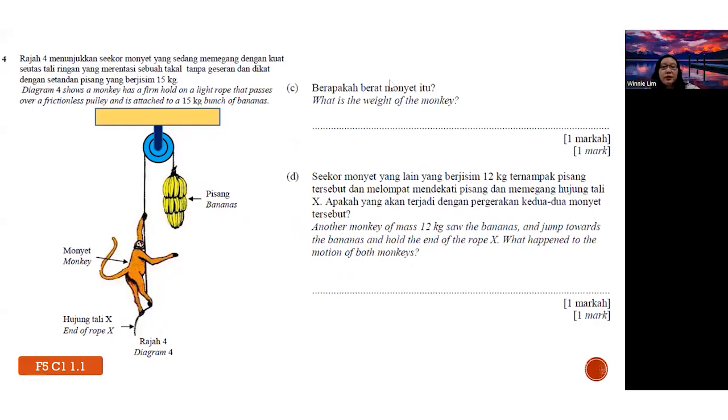So what is the weight of the monkey? So what is the formula for weight? Weight is W equals to mg. Okay, and like I mentioned just now, the weight of the bananas must be the same as the weight of the monkey. So therefore, the mass of the monkey is supposed to be 15 kg as well. And g is 9.81. Hence, you will have the answer for the weight as 147.15 Newton.